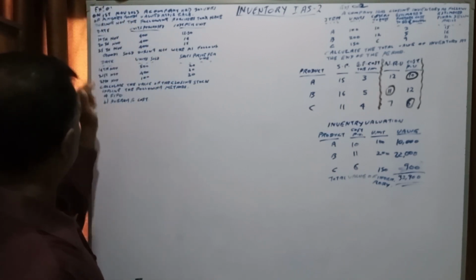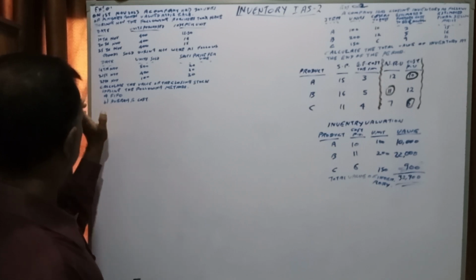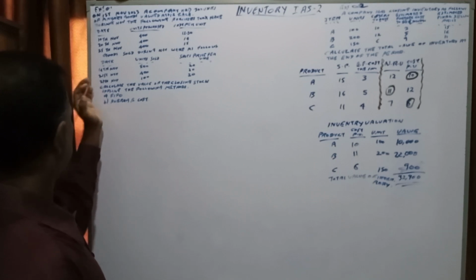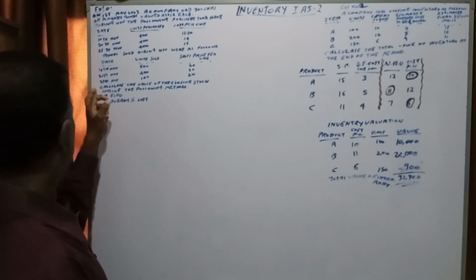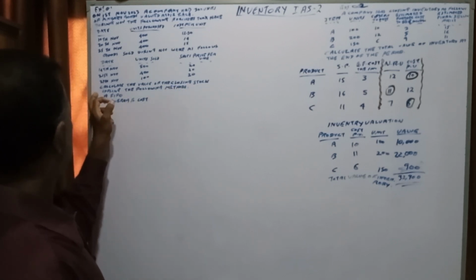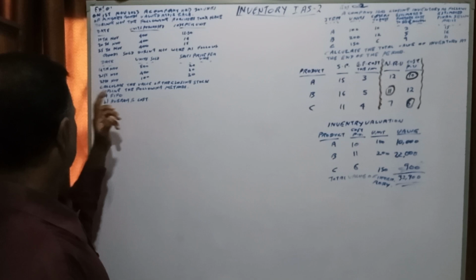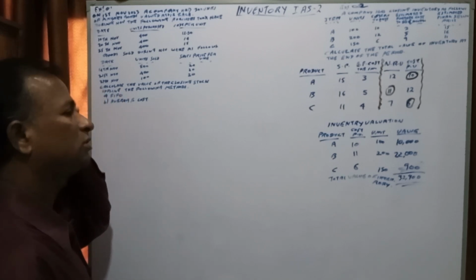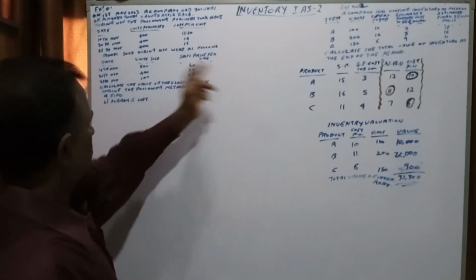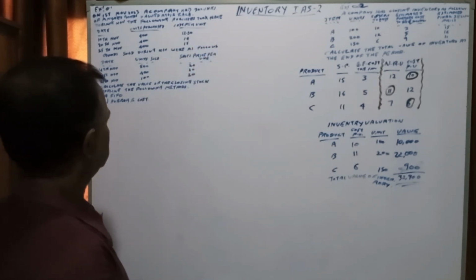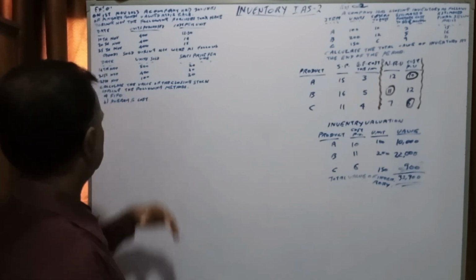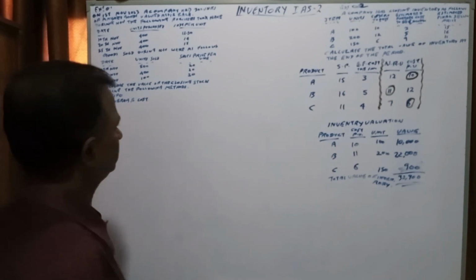First see the requirement in the question. They are asking: calculate the values of the closing stocks applying the following methods: FIFO and average cost. They want you to calculate the closing value of the inventory under the FIFO method and the average cost method.